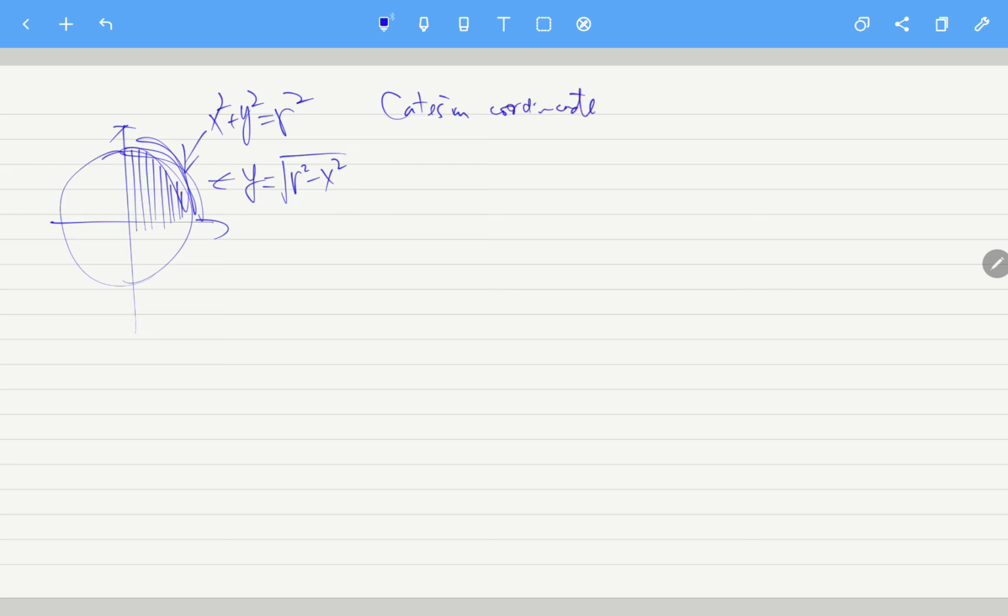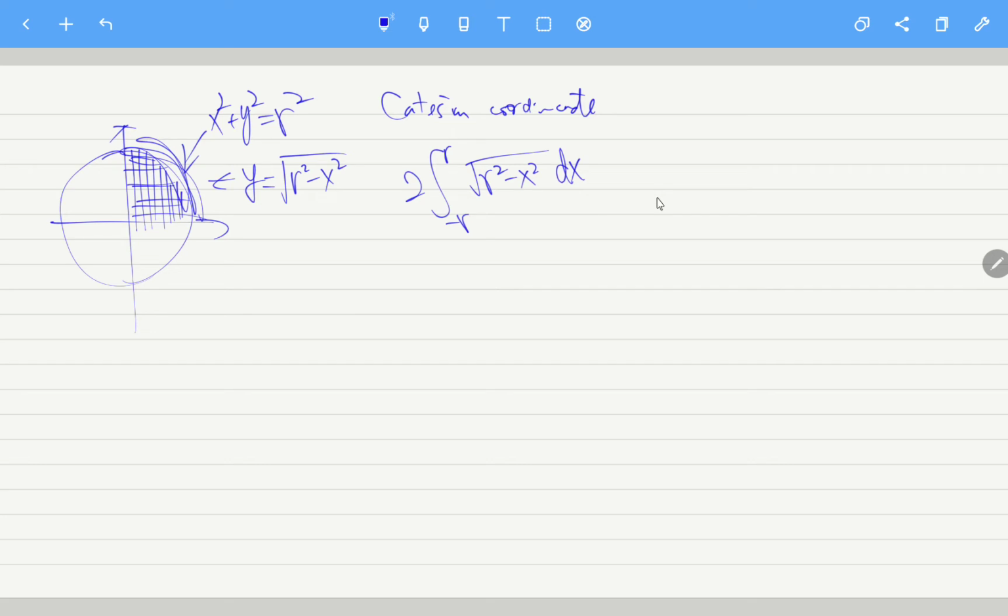And for this case, we still need to separate it into something like that. If you have ever learned this integration, the integration of the square root of r squared minus x squared dx from negative r to r will be the area of the half circle, and then multiplied by 2 will be the whole area of the circle. You feel that this integration is not so easy.